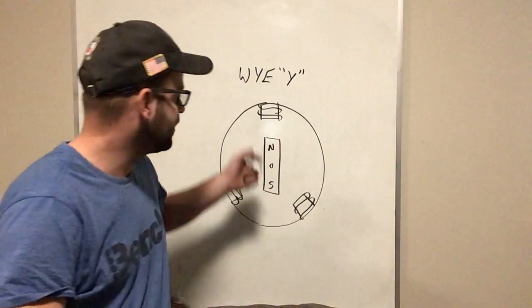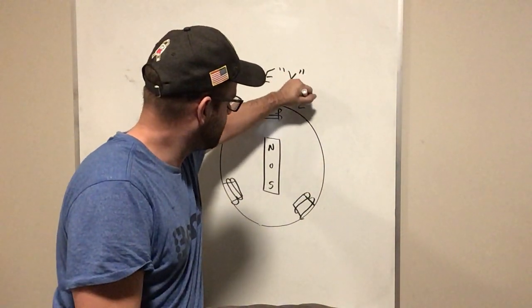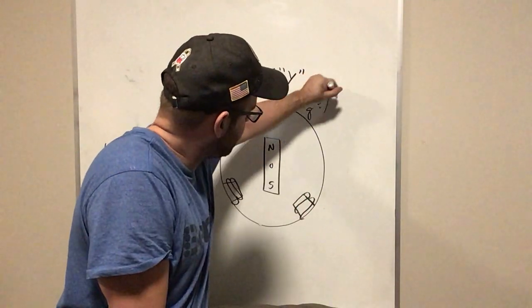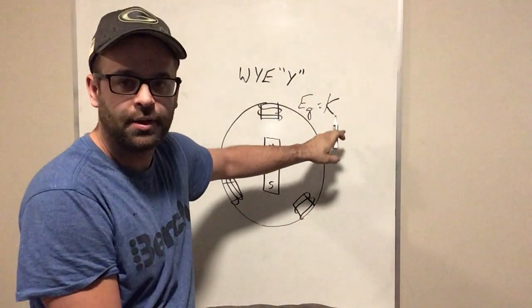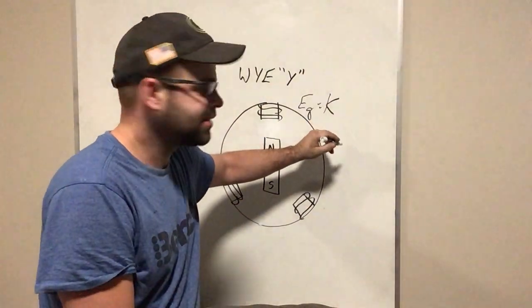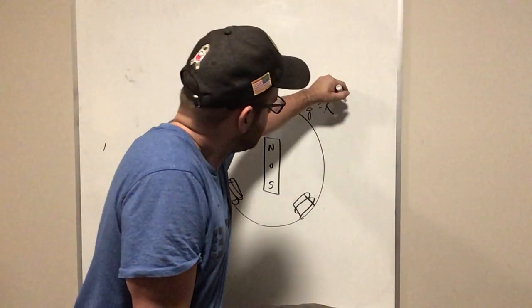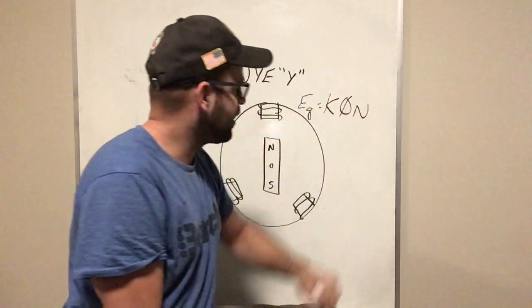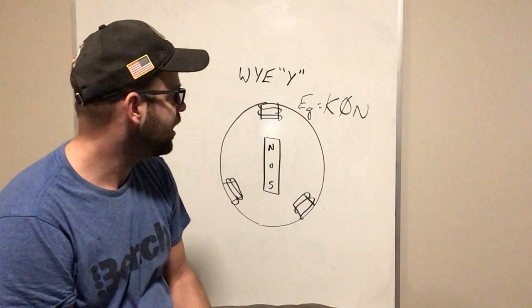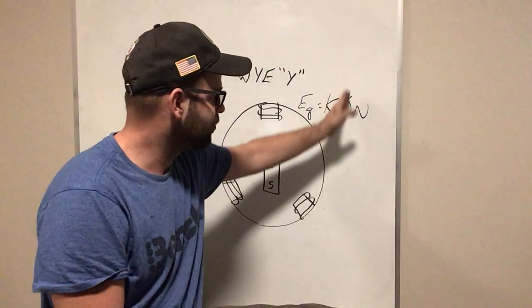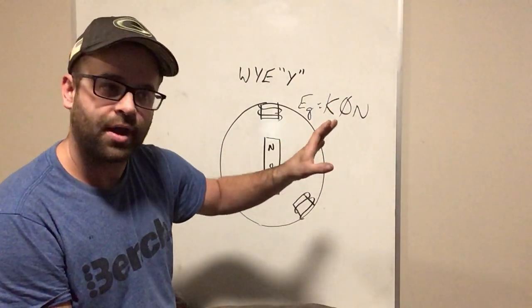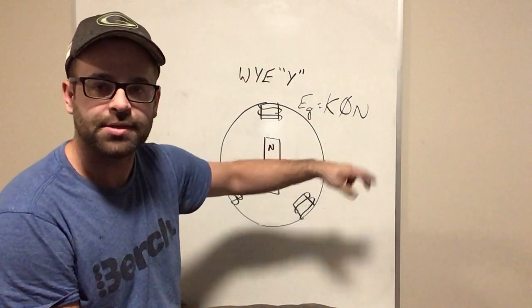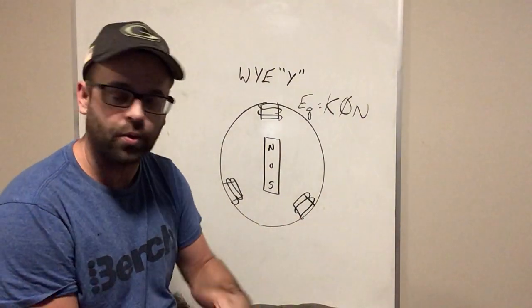If you remember the formula, EG, so that's your generated voltage, is equal to K, which is your conductors, which is a constant, phi, N. So K phi N. And phi is your magnetic field, and N is your speed or your relative motion.